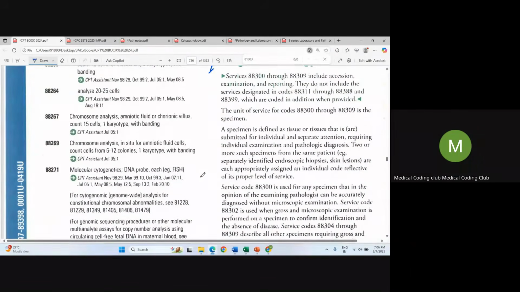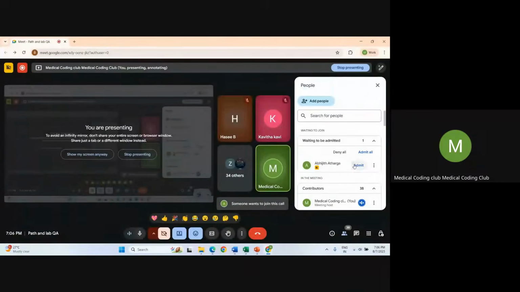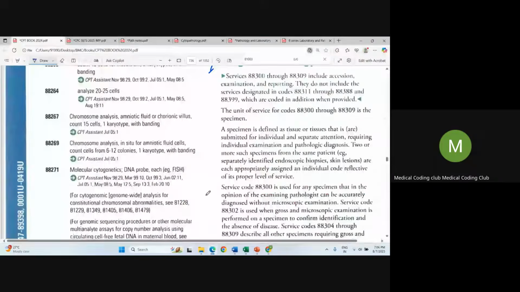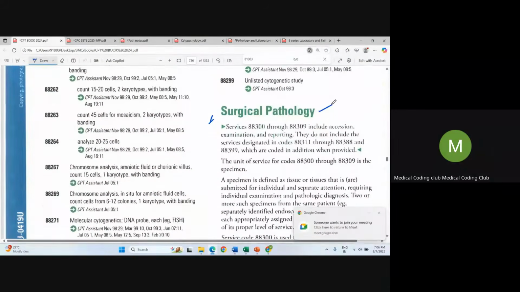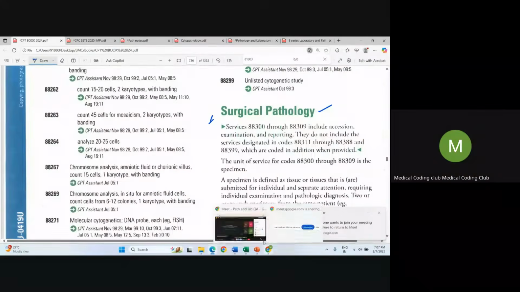When we say microscopic examination, they will do the staining and then visualize through a microscope. That is utilizing a microscope. So that depends on the severity or complexity of the particular procedure. So under surgical pathology, this is an important concept.